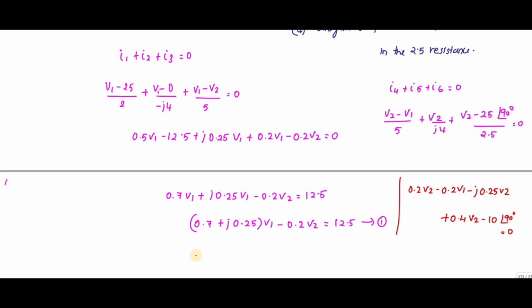So I can write minus 0.2 V1 plus (0.6 minus j 0.25) V2 is equal to 10 angle 90 degrees. So this is your second equation.